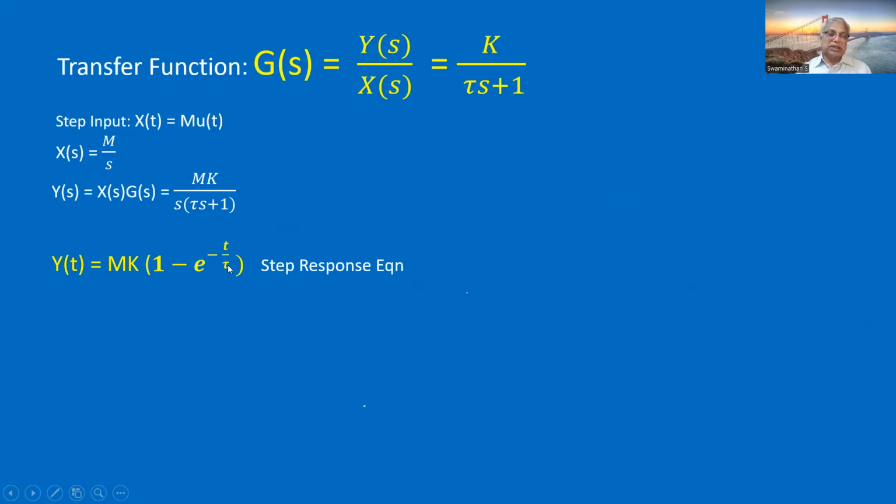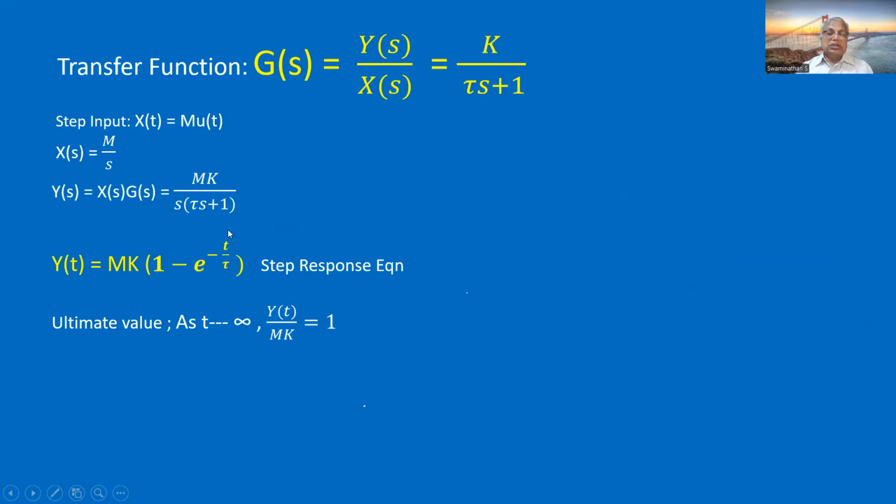The power of the exponential is minus t by tau. This is known as the step response equation. So when you give a step input of magnitude M, the response is going to be MK into (1 minus e power minus t by tau).